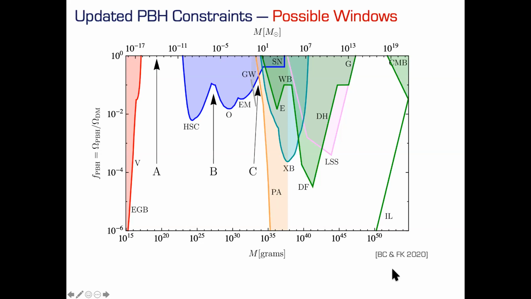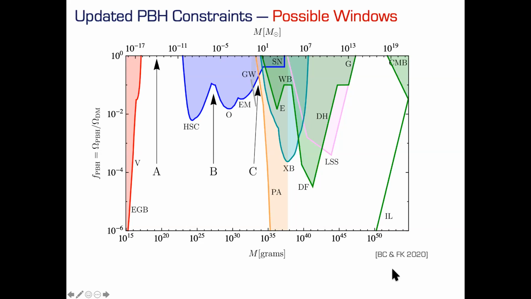That's where nowadays most people would agree you can put basically all of the dark matter. But you have some other windows where you can put a bit, sometimes 20%, sometimes 10%, sometimes a few percent of the dark matter.